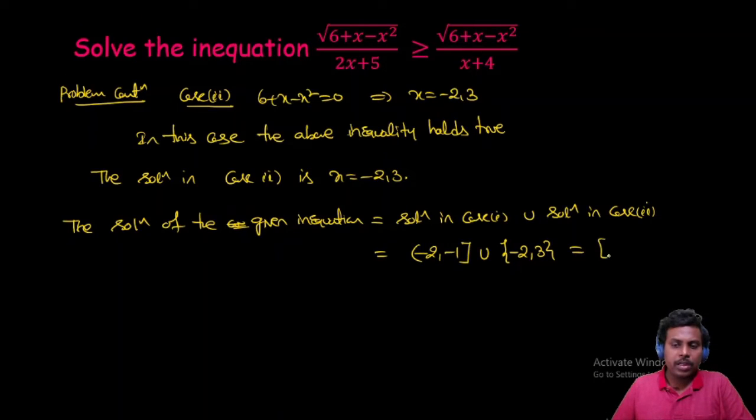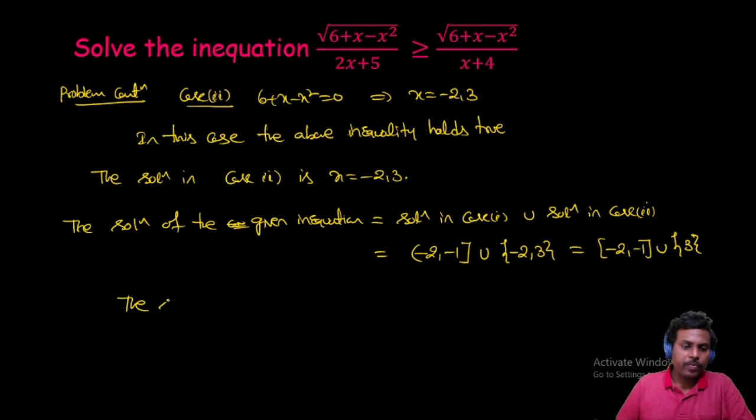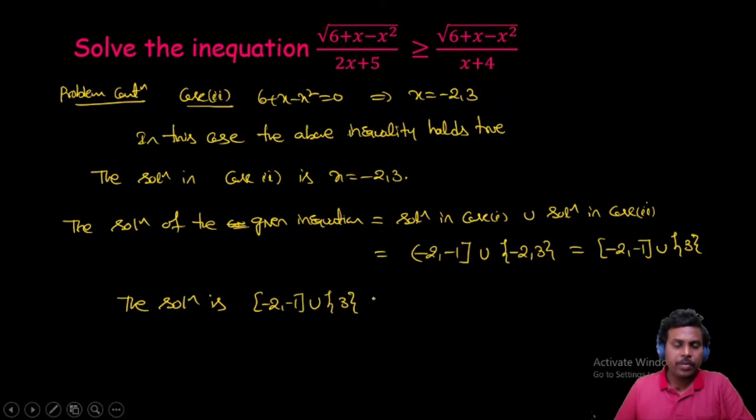So this can be written as minus 2 to minus 1 union 3 here. So this is the final solution. The solution is closed interval minus 2 to minus 1 union 3 actually. Okay, hope you have understood the solution. Go through it once again. If you have any doubts, get back to me.